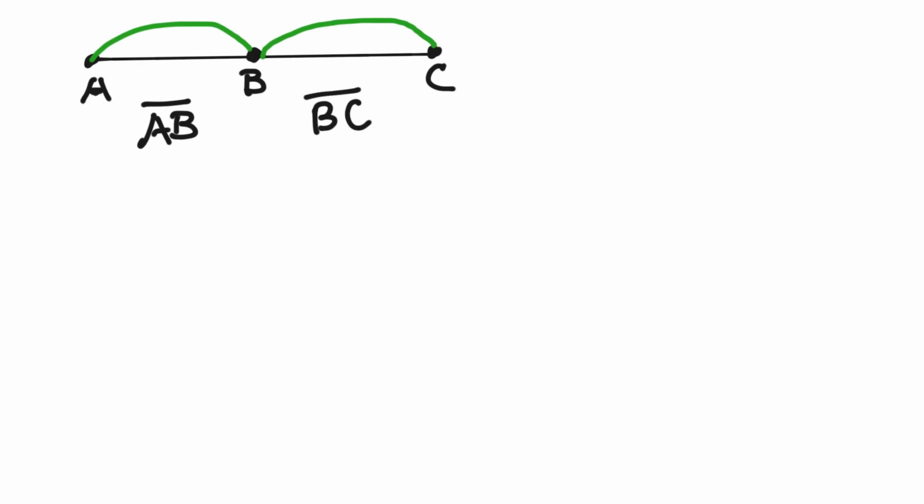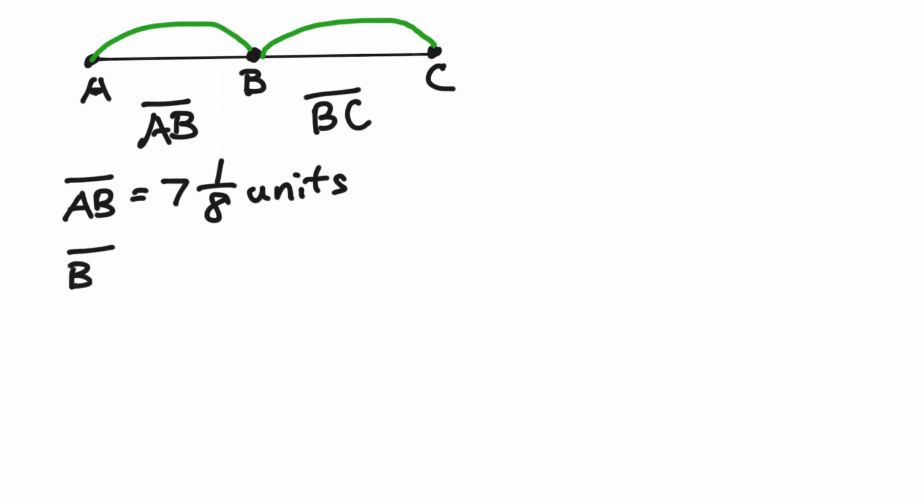Okay, so if we were given a question where we state AB equals 7 1/8 units, and B to C equals 5 2/7 units, what is A to C?